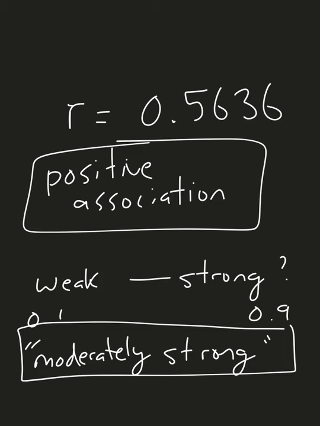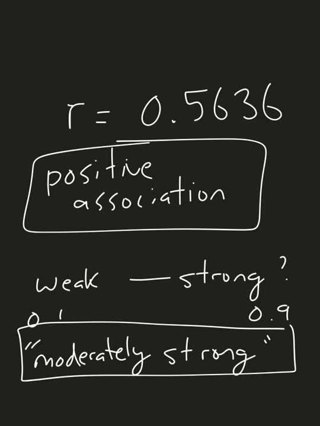So if you had an R value that was really close to 0.9, you have to say that it's strong. If you have something that's really close to 0.1, you have to say that it's weak. And the same goes for when the R value is negative. So if the R value is negative, your strong values are the ones that are close to -1. And your weak values are still the ones that are close to 0.